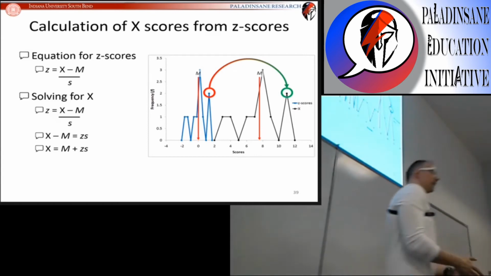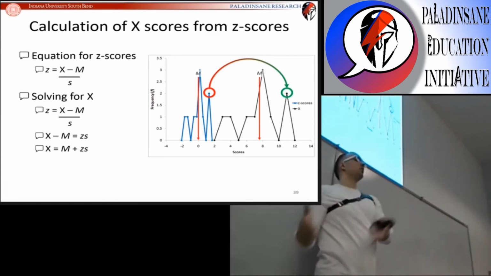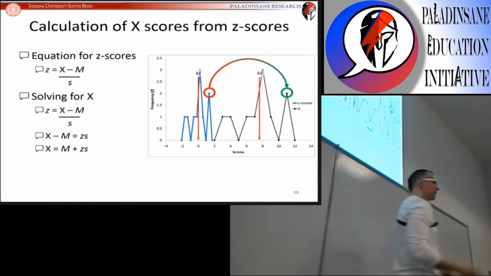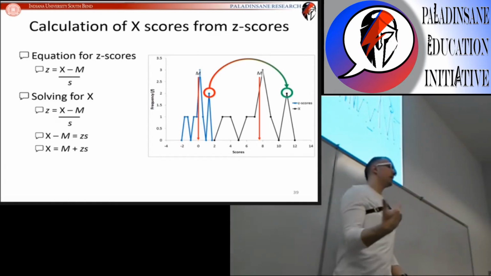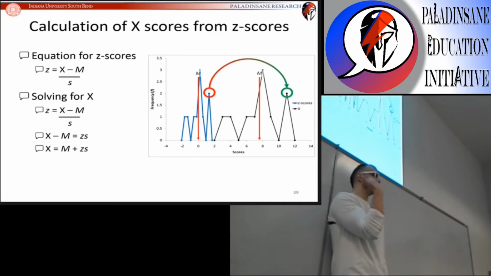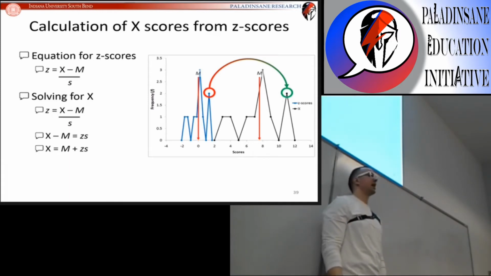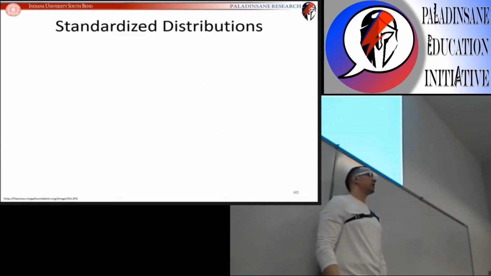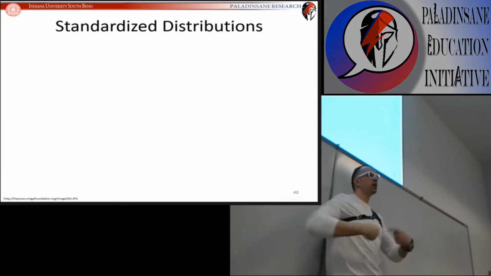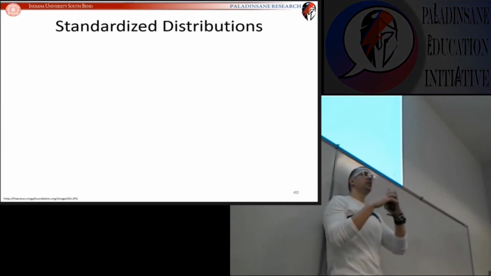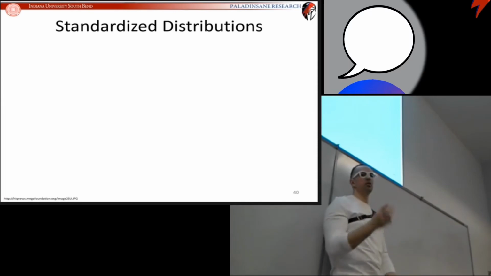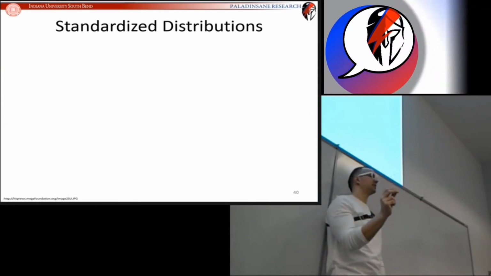All right, so that's a way to get the original scores from your z-scores. But sometimes you want to go a step further and come up with more intuitively understood scores. These are often called standardized scores. Standardized distributions are distributions where you yourself, for some reason, pick a mean and pick a standard deviation, and you transform these z-scores so that the new distribution has that mean and that standard deviation.